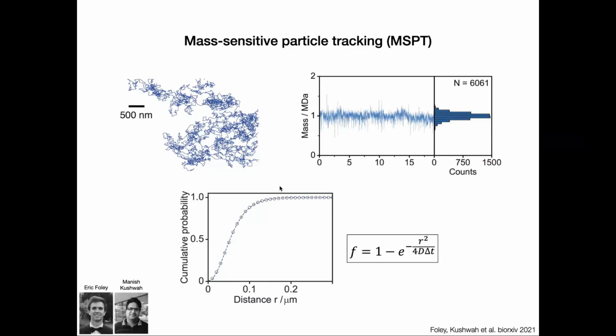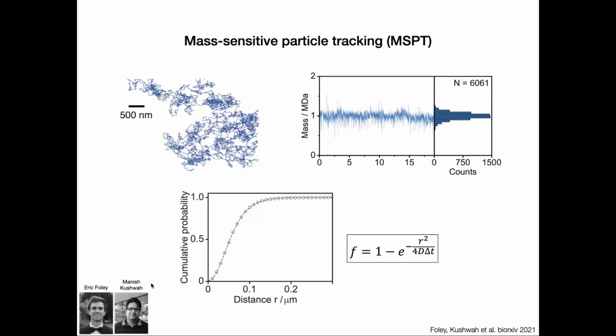But the additional information that we get now from this experiment is also the location of the particle in each frame, and we can actually track this into a trajectory and follow the particle's movement. And doing this, we can apply common approaches and basically extract diffusion properties like the diffusion coefficient from the trajectory.